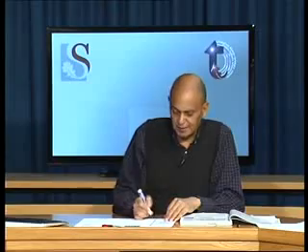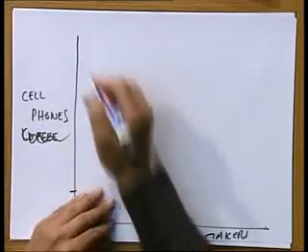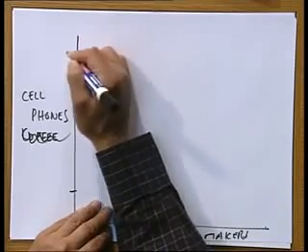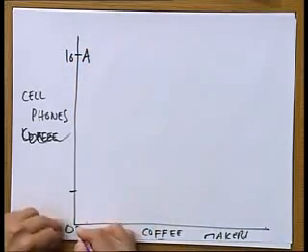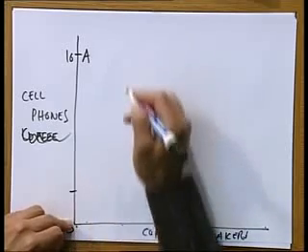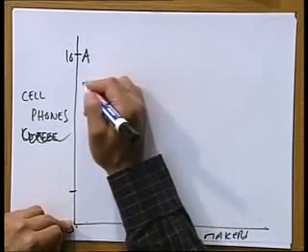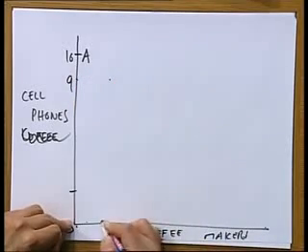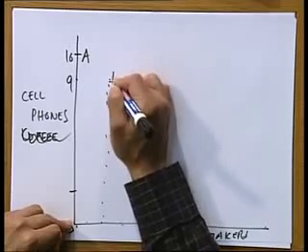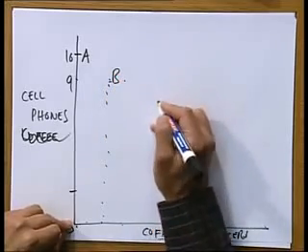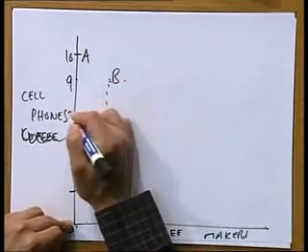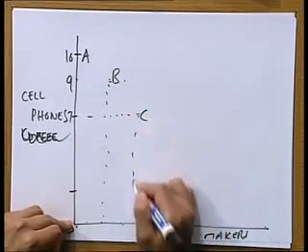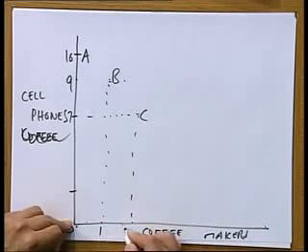If you just measure all of these points, I'm just going to focus on a couple of points. That is combination A. Combination A is indicating 10 cell phones and 0 coffee makers. Then there's combination B. Combination B is indicating 9 cell phones and 1 coffee maker. And combination C is reflecting 7 cell phones and 2 coffee makers.